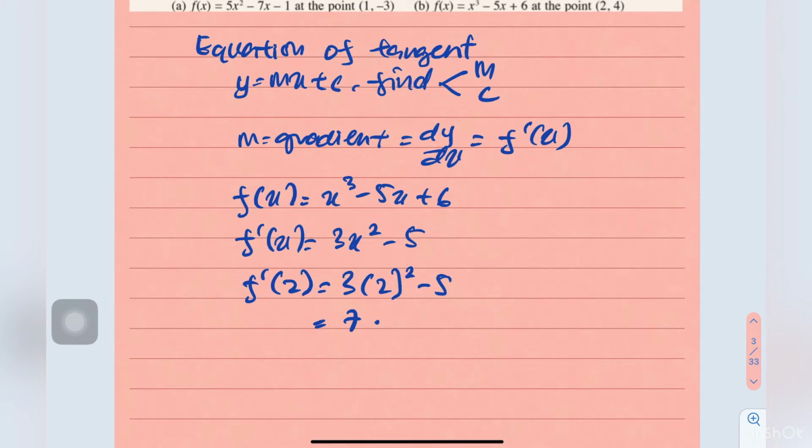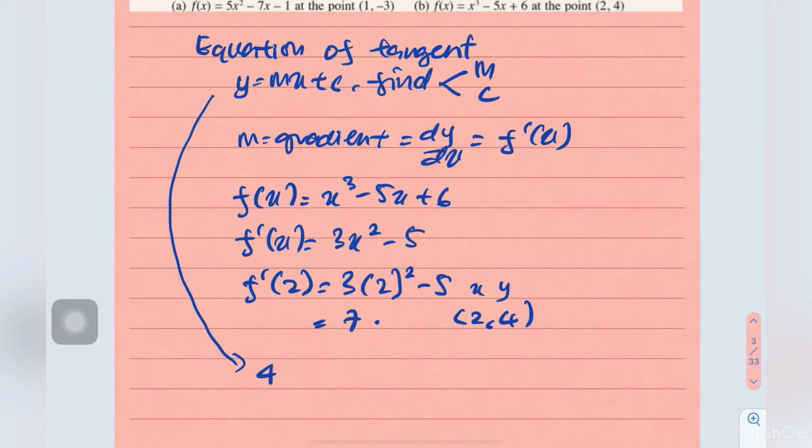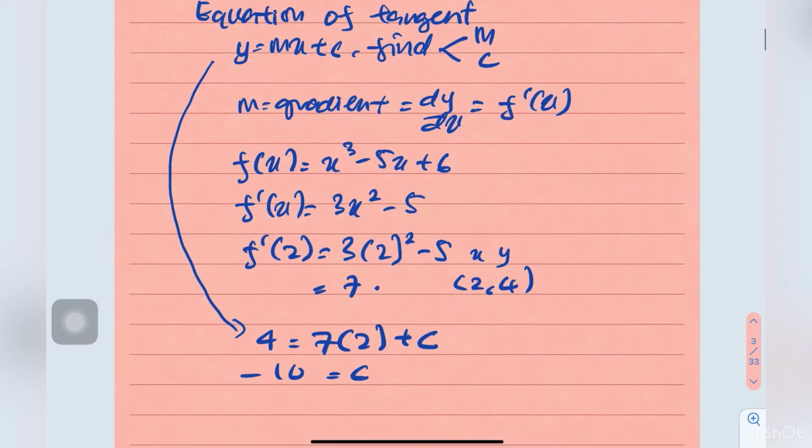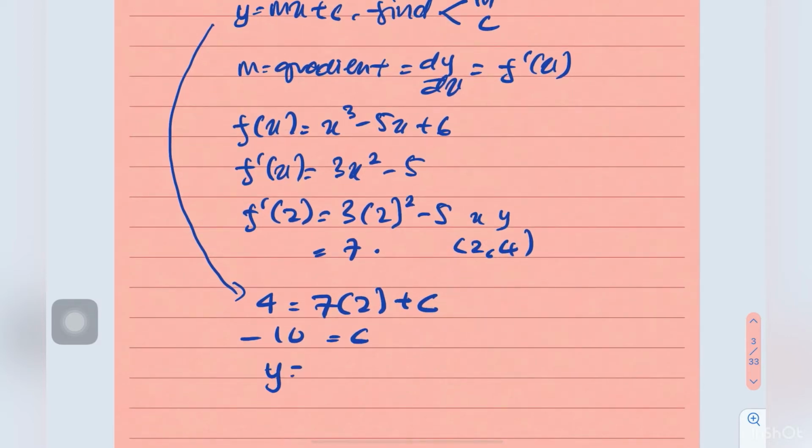We substitute into y equals mx plus c with the point (2, 4): y is 4 equals m is 7, x is 2, plus c. C is 4 minus 14, which is -10. Therefore, the equation of tangent is y equals 7x minus 10.